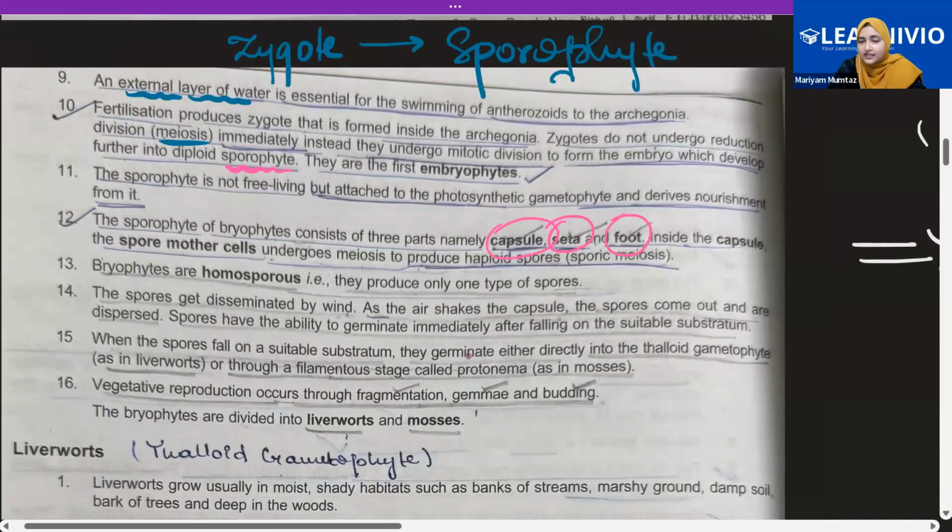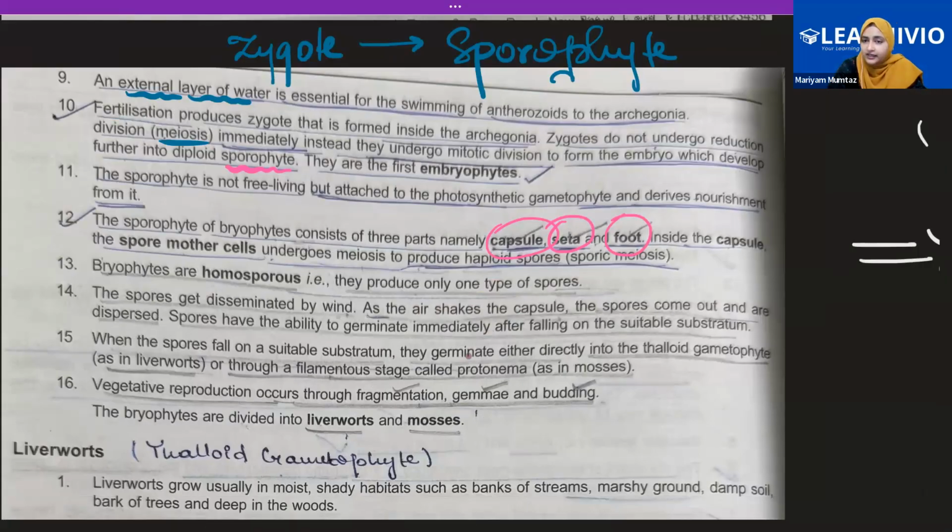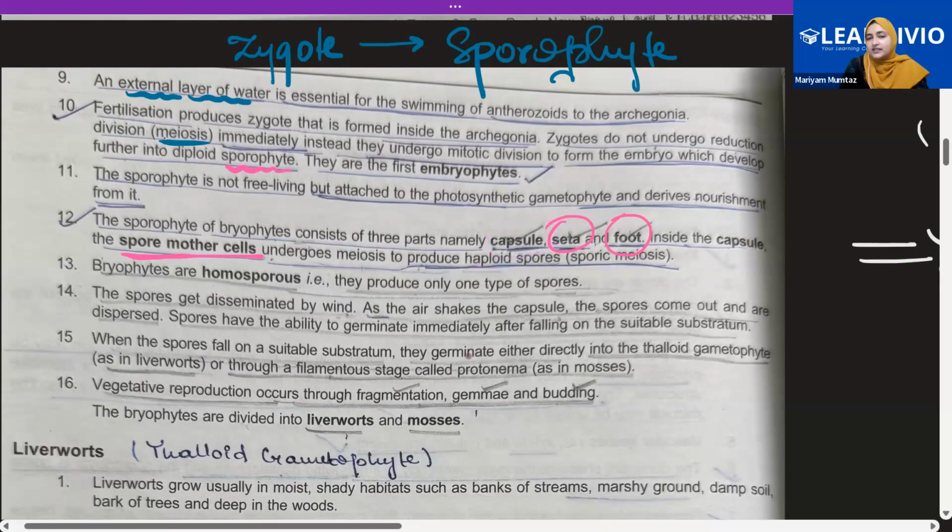Now, what happens is that inside that particular capsule of the sporophyte is where the spores will be formed. From what? The spores will be formed from the spore mother cells. The spore mother cells are going to undergo meiosis to produce haploid spores, right? And this is how spore formation takes place.